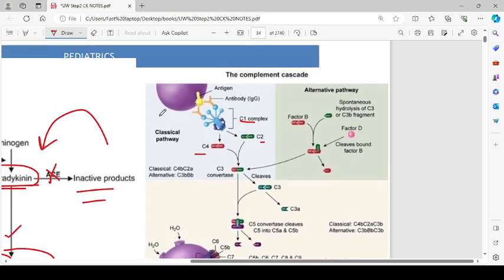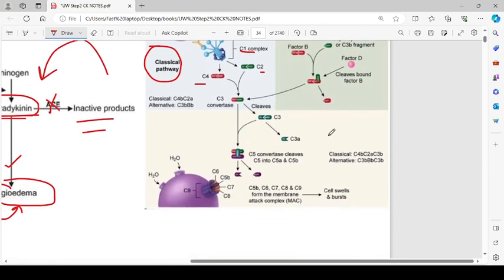Just remember that there is a classical pathway and an alternative pathway, and both of them merge together at the MAC, the membrane attack complex, that is C5b, 6, 7, 8, and 9, and they drill holes into the cell. Together they're called C9. When they drill holes into the cell, water will enter the cells, and the cells will swell and burst. Okay.